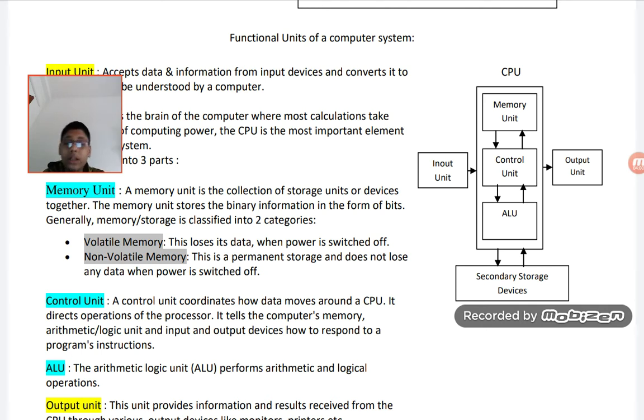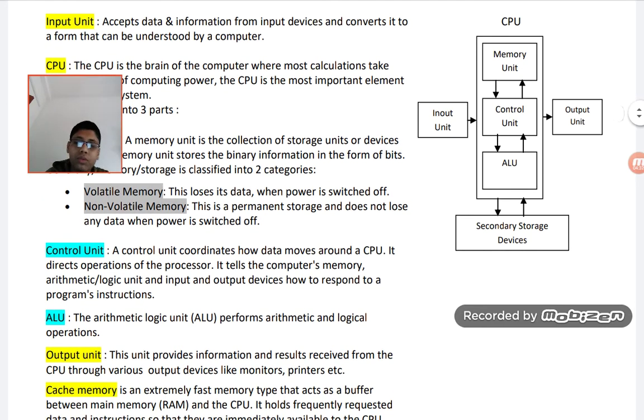Means you input your things, and then it goes into the CPU. It is stored in the memory unit, and the moving of the file in the CPU is the control unit's work. It can be the arithmetic or logic unit.